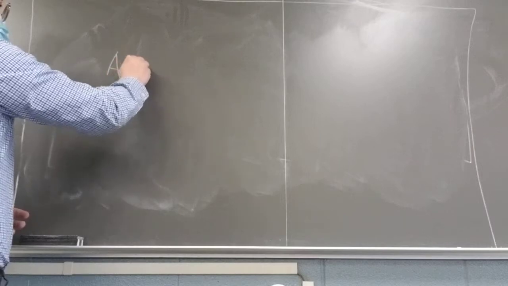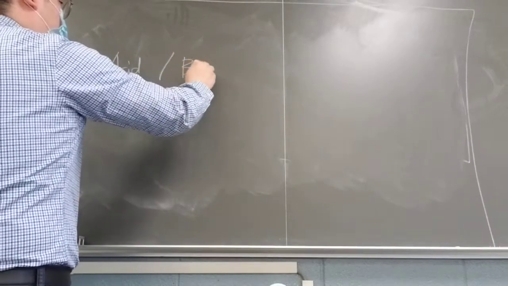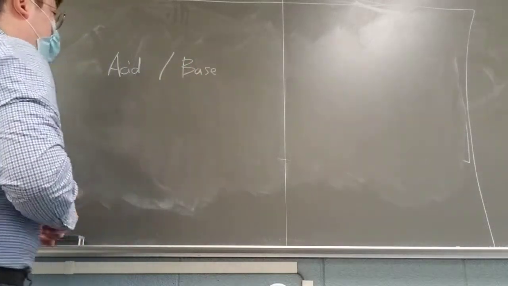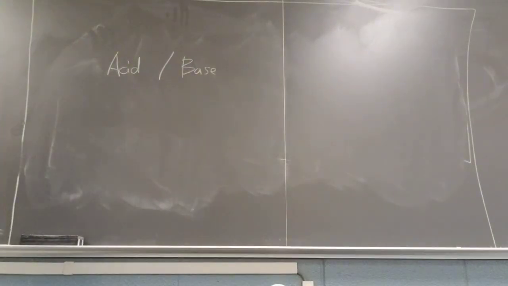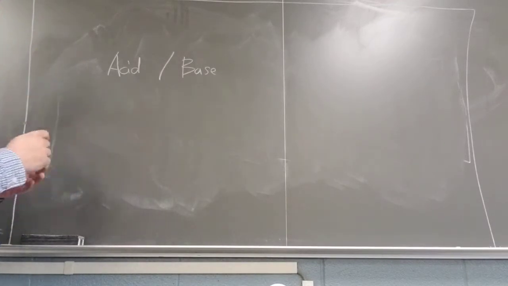So the next part is how are you going to define acid and base? So this is also quite a big portion of organic chemistry, dealing with the different types of acid and base and certain chemical reactions. Okay, so there are a couple of things.